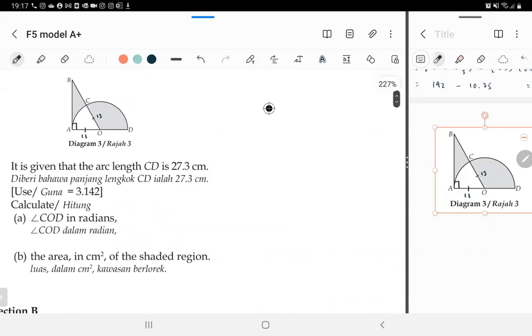Put the diagram here. It's given that the arc length of CD is 27.3. Find the COD. Can do, right? Easy one.